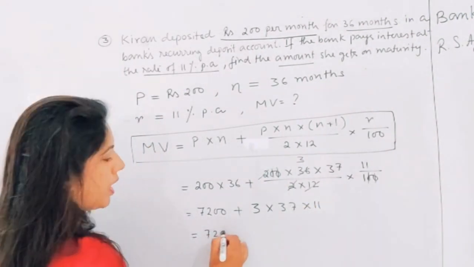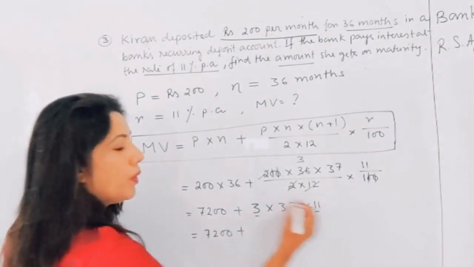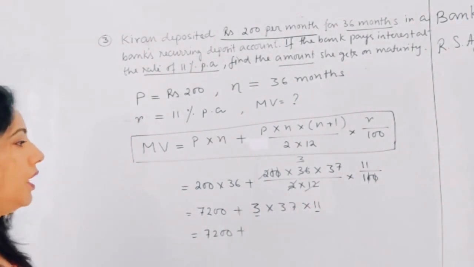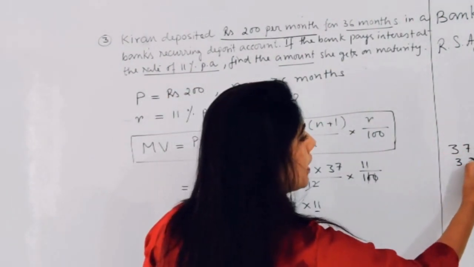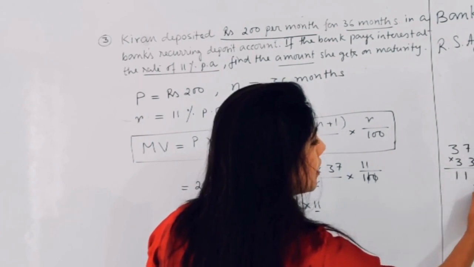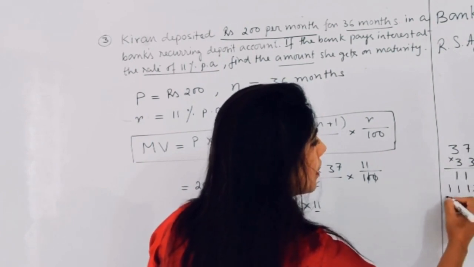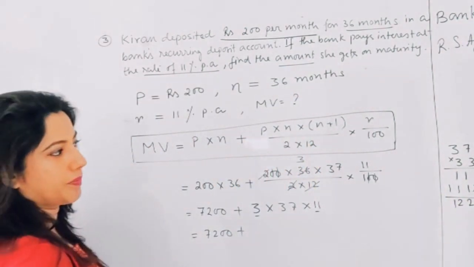So 7200 plus. So here we need to multiply 3 into 11, that's 33. 33 into 37. Let us do it here. 37 into 33 is 1221.